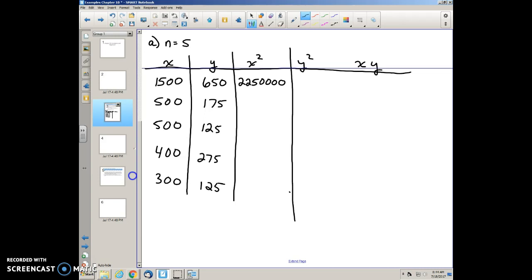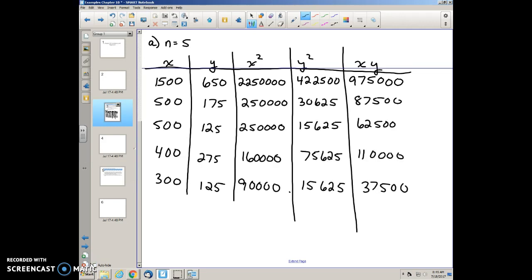Then we need to do y squared. 650 squared. Then we do x times y. 1,500 times 650. The video will pause here, and you might want to try to finish the rest of this table on your own, and then all the numbers are going to show up on the table.